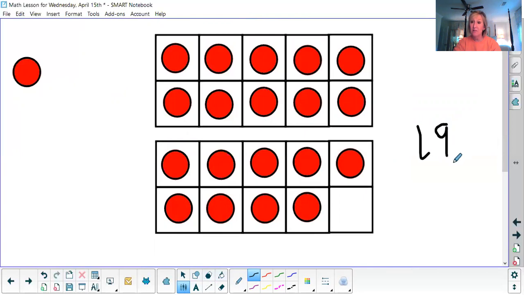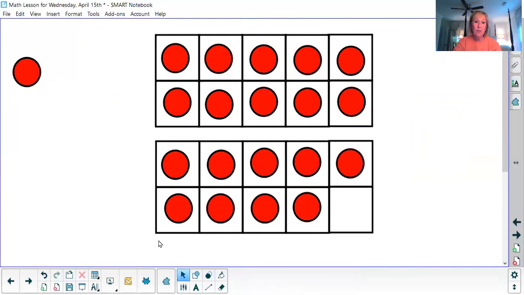19, right? So right now I've got 19, but it's asking me, what will it be if I have one more? So I'm going to add one more. So now I've got 10 and another 10.